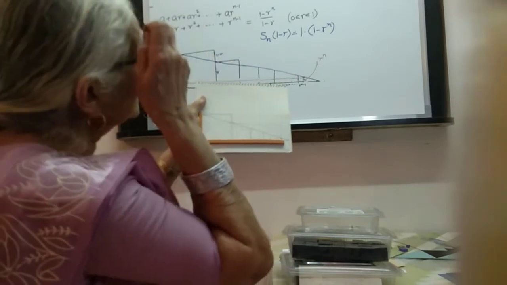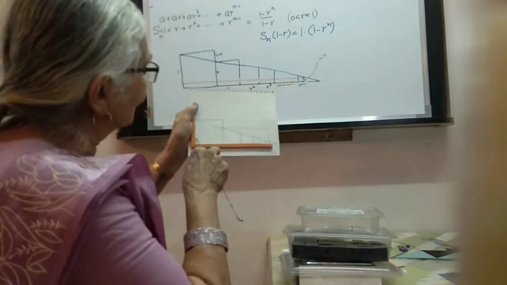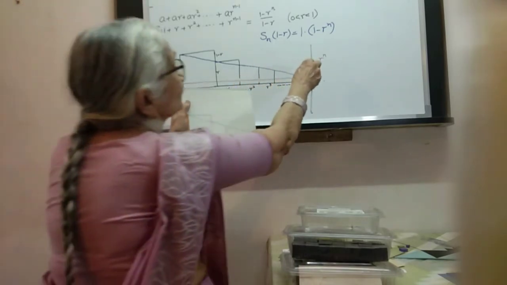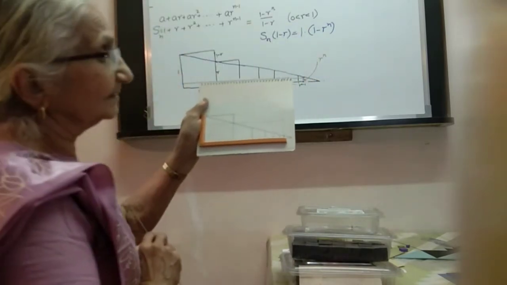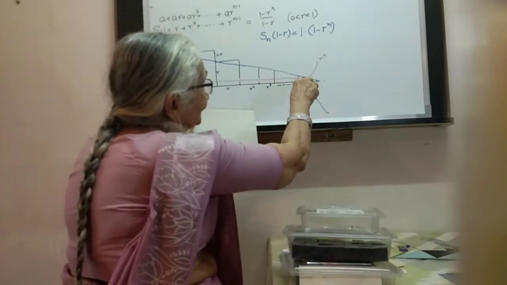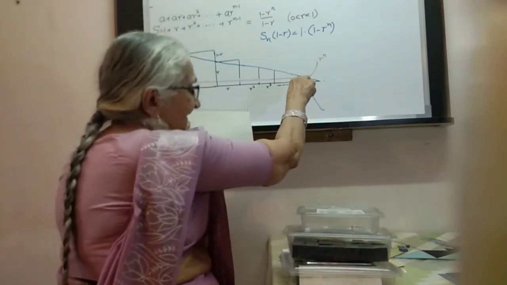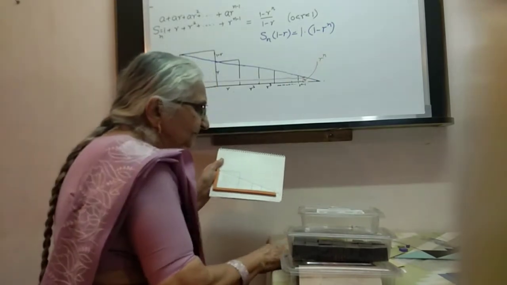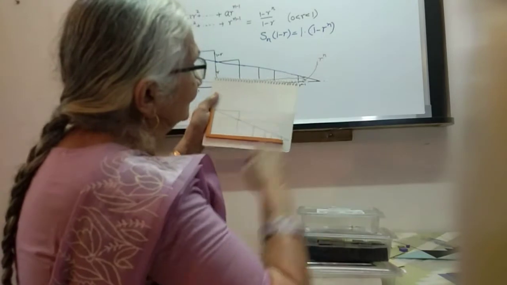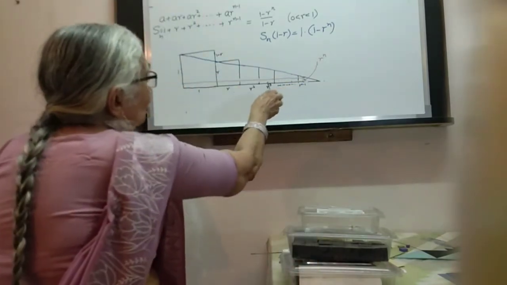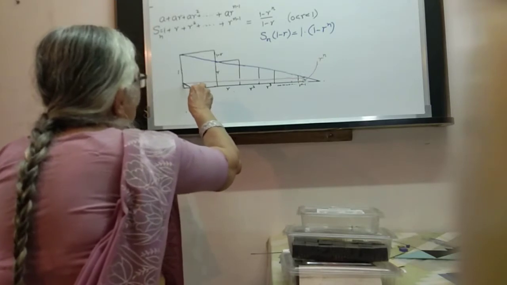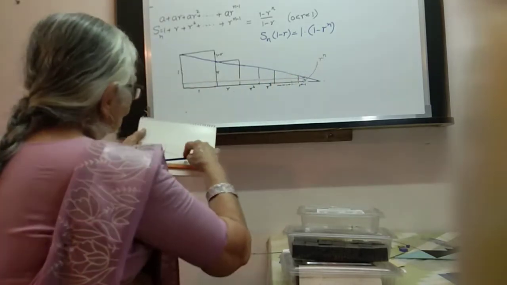Now the right hand side is 1. Here is 1. Here is 1. We can take either one. But the other side has to be 1 minus r raised to n. Now what about that? R raised to n is right here, where we stopped our Sn. This last thing is r raised to n. We don't want it. We want only up to 1 minus r raised to n. So we want to remove this part below the red line. So we do this.